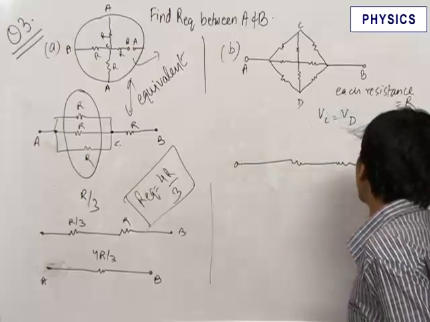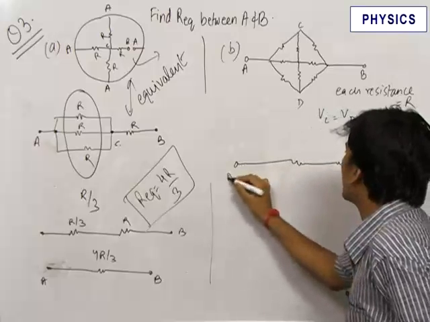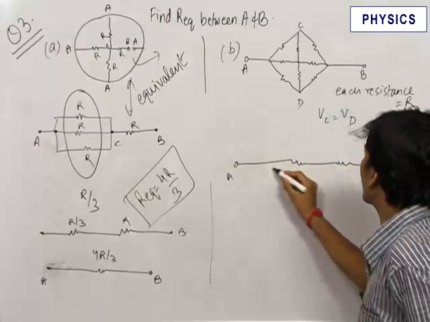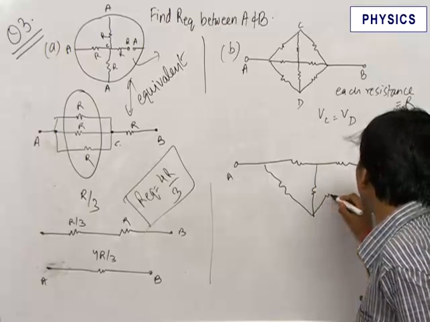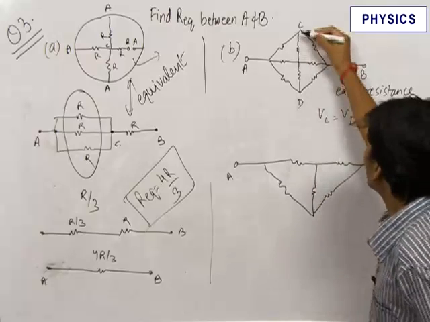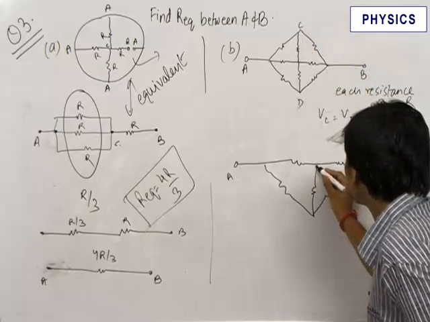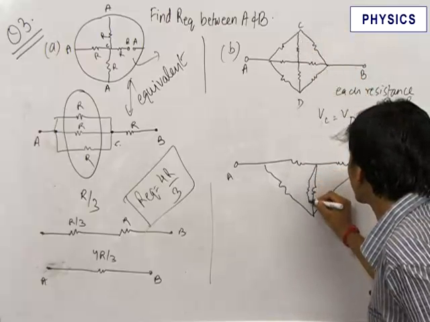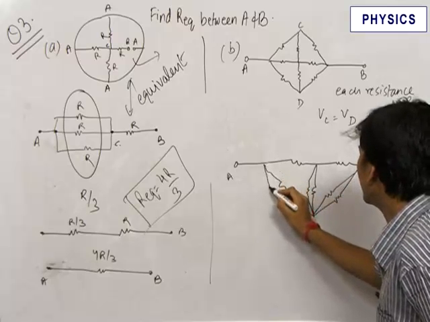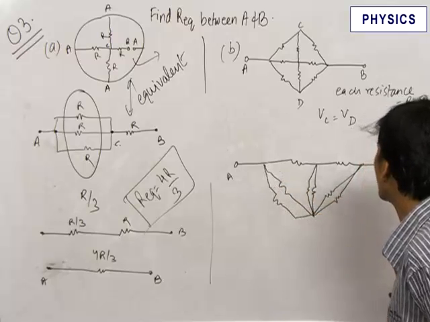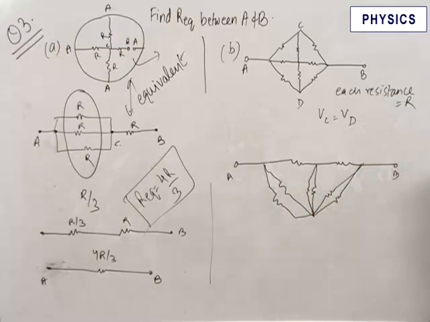So what we get is that between A and B, the parent circuit remains like this for the lower part. Now we have another resistance between these 2 points, another resistance between these 2 points and another resistance between these 2 points. So this becomes our equivalent circuit where each of the resistances is equal to R.